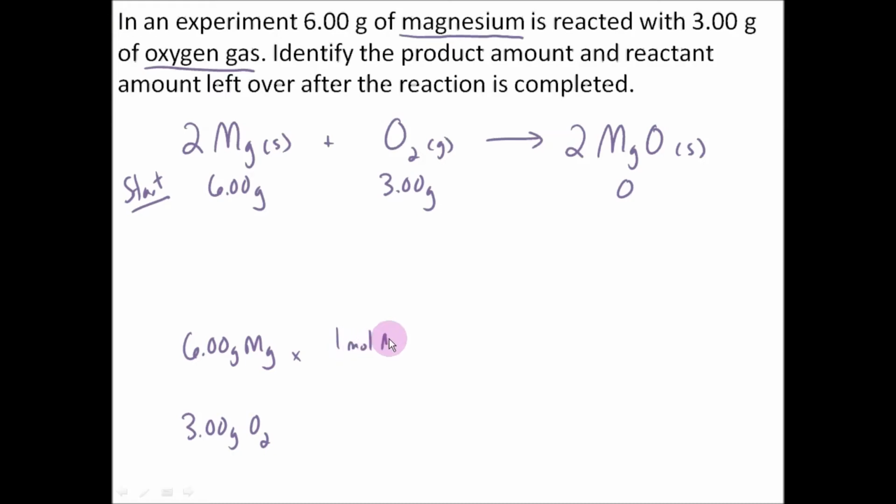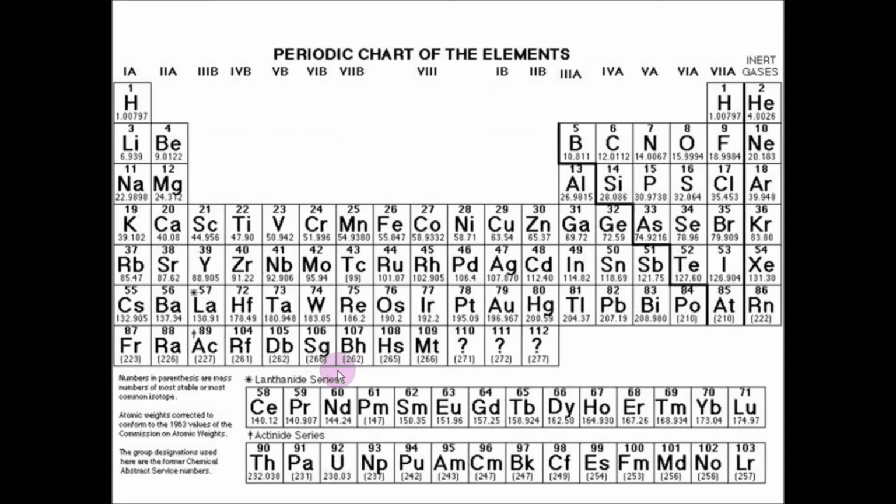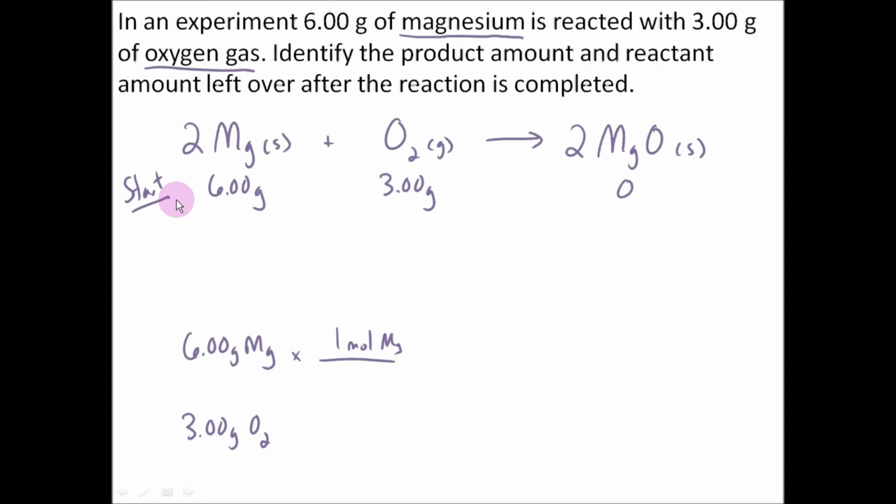First step is to figure out how many moles of magnesium that is. We look on our periodic table. Magnesium's molar mass is 24.31. So we have that many moles of magnesium.